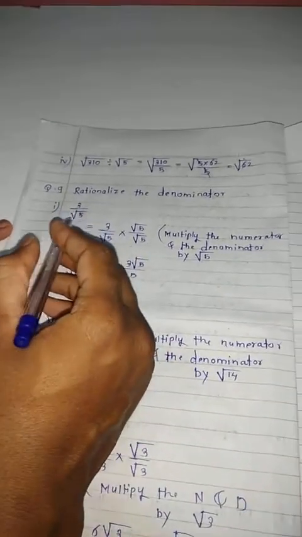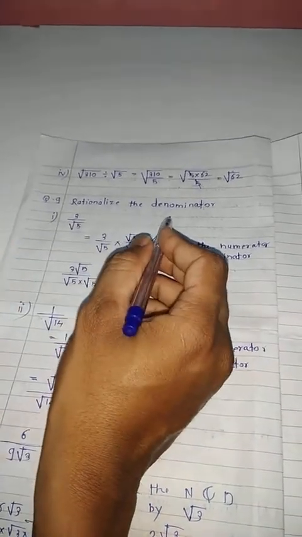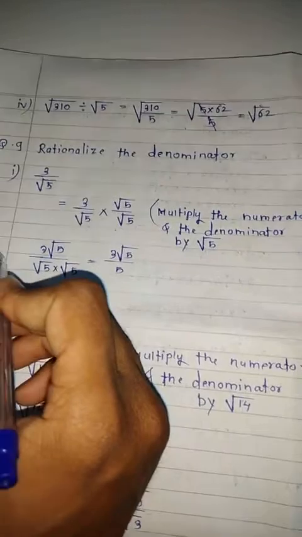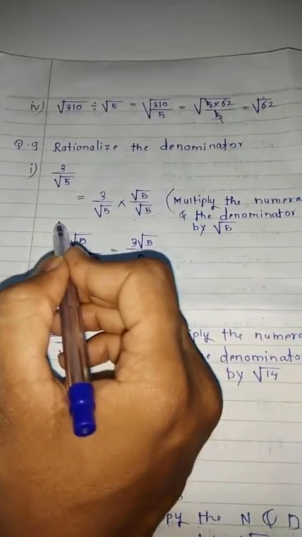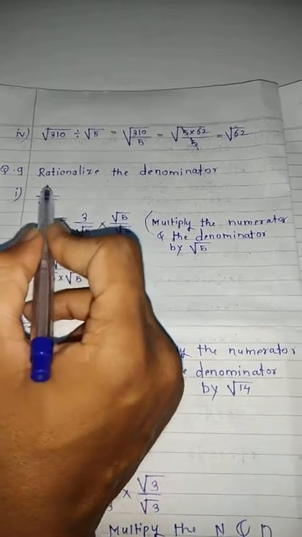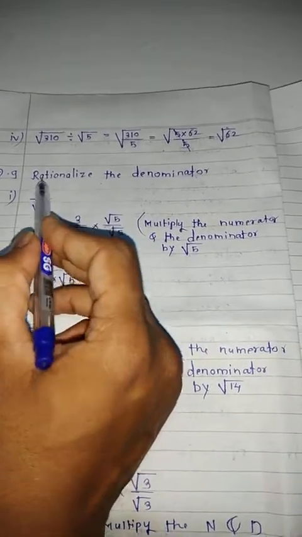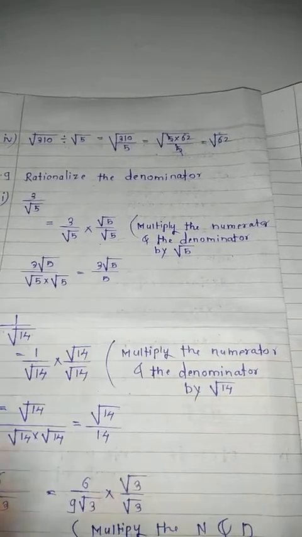Question number 9. Rationalize the denominator. Students, how do we rationalize? Here the example given is 3 upon root 5.